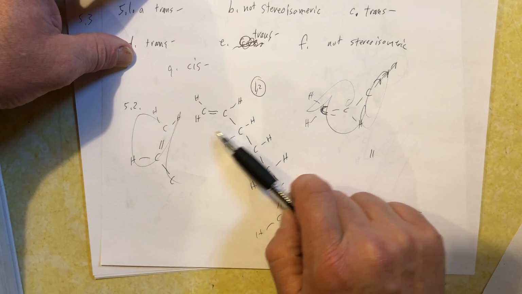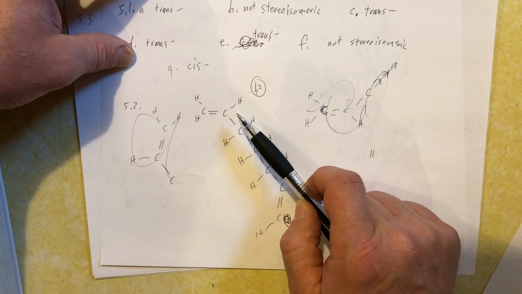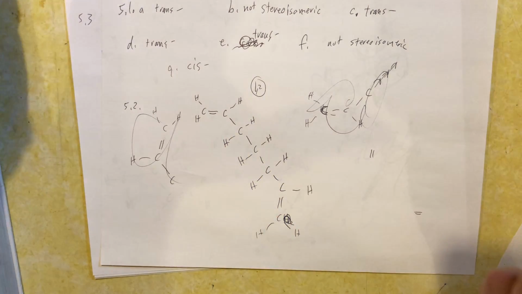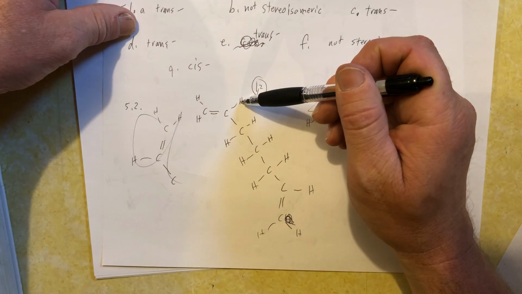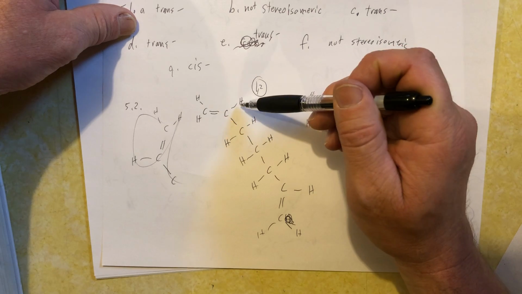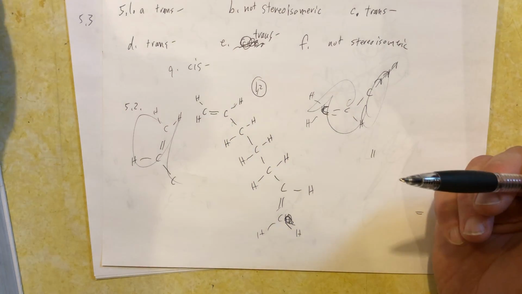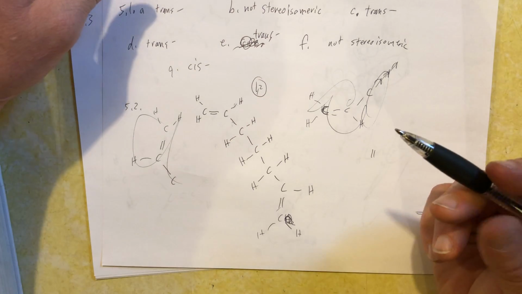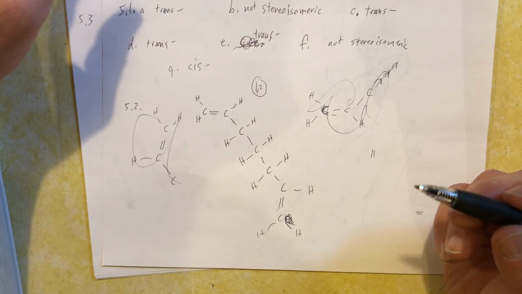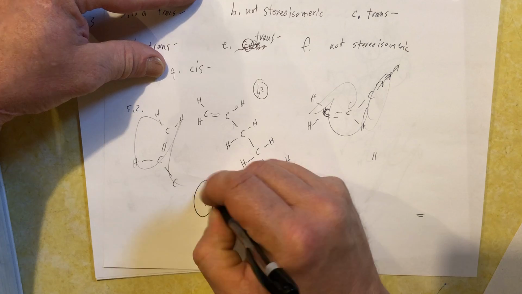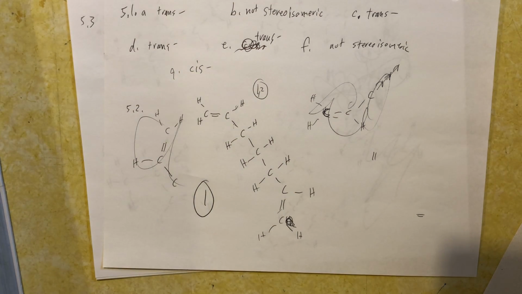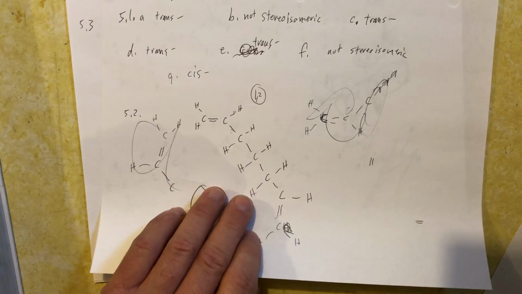And on this end, you could rotate this guy around. Or just switch the position of these two bonds and these two bonds, and you kept ending up with the same thing. So for 5.2, the number of stereoisomers, I've got 1 on that. Let me know if you get something different. But I kept rooting around with that and ended up with the same thing every time.